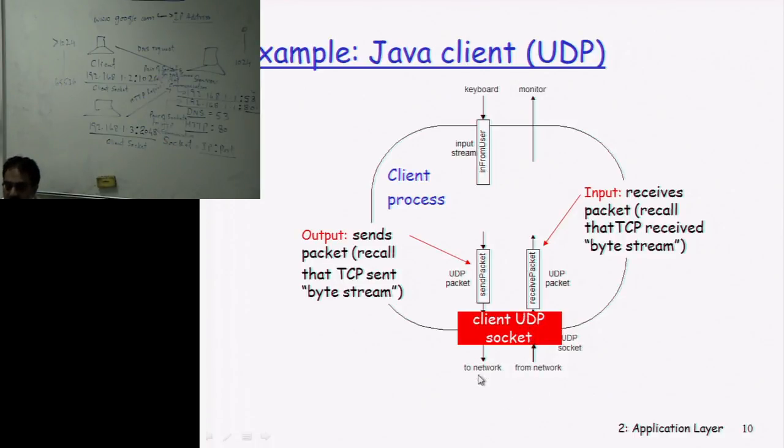So basically a pipe is attached to this socket, and the client process will be sending and receiving UDP datagrams onto the pipe, sort of a communication channel. The UDP socket here will receive the packets coming from the server, and this will be the input, the received packet. Recall that TCP received a byte stream. So these packets will be received and displayed on the monitor.